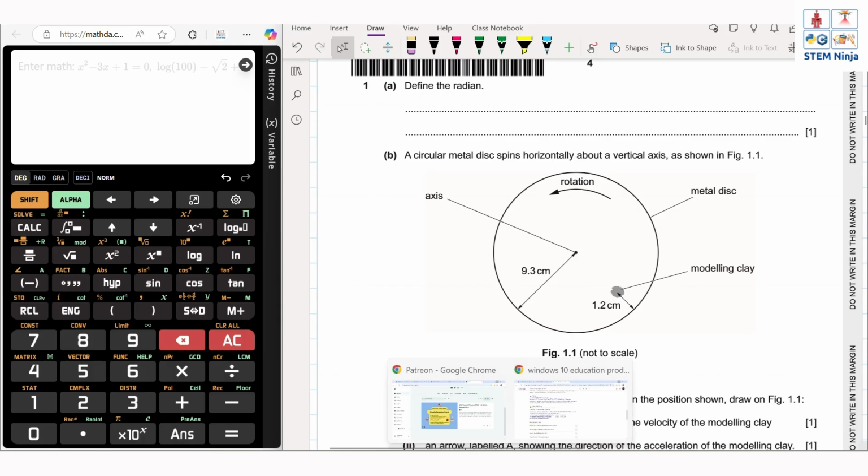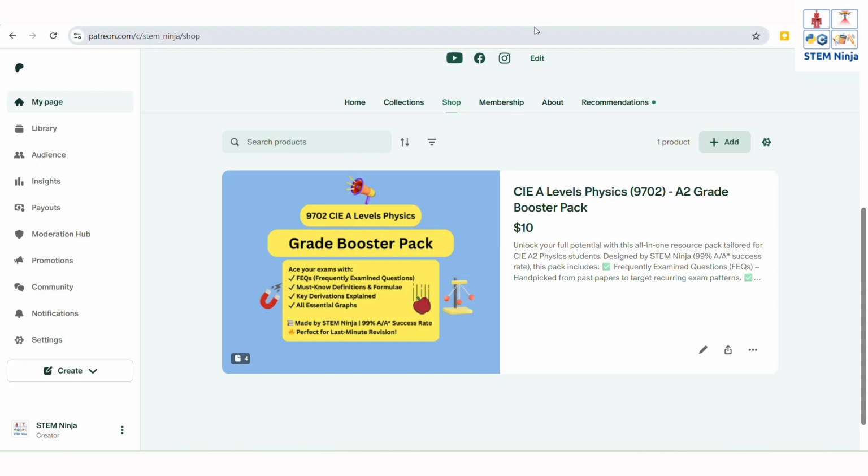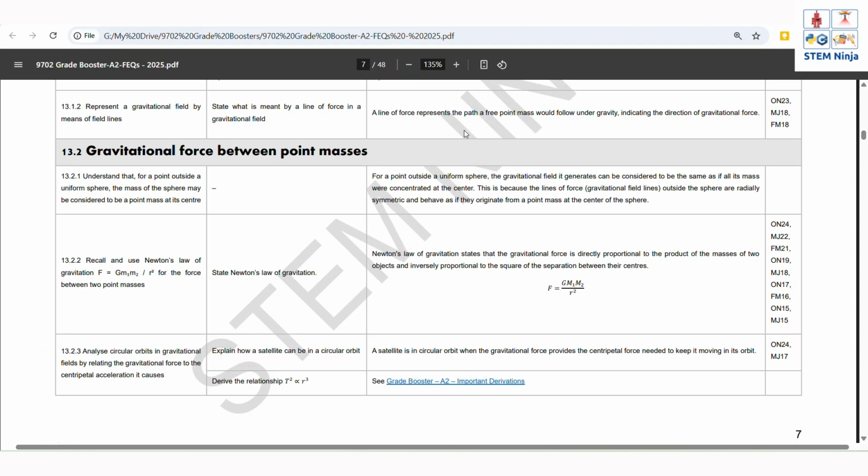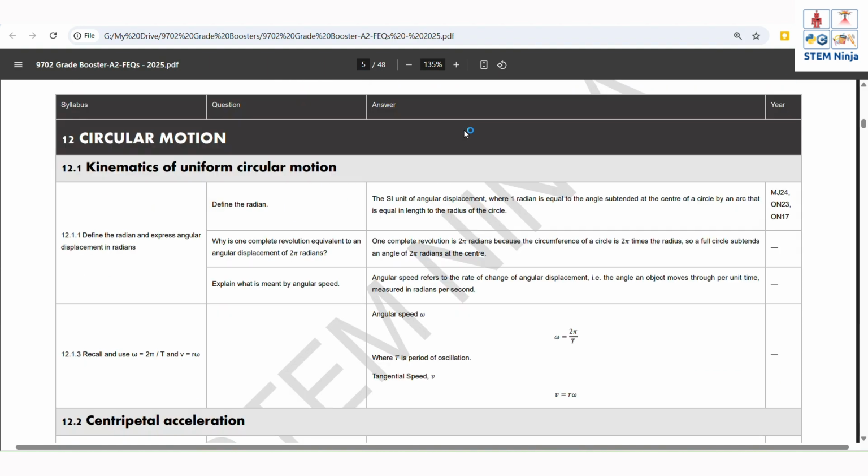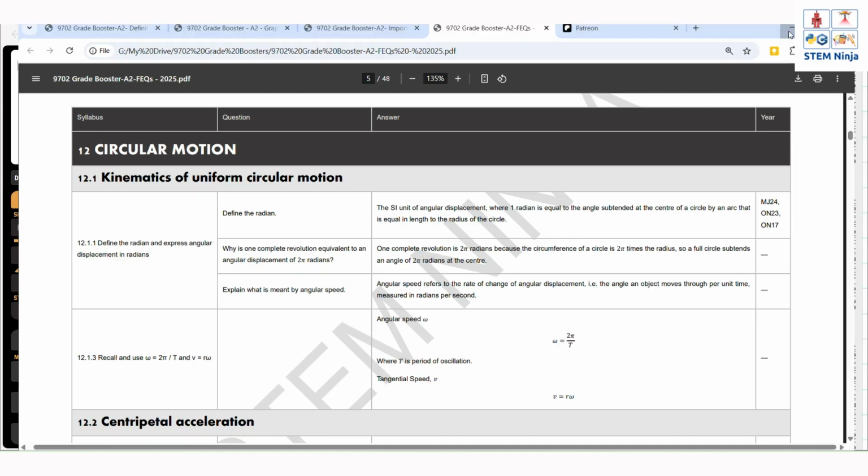Now, define the radian. Just to show you how you can actually leverage this Grade Booster Pack: the radian is the SI unit of angular displacement, where 1 radian is the angle subtended at the center of a circle by an arc that is equal to the length of the radius of the circle.